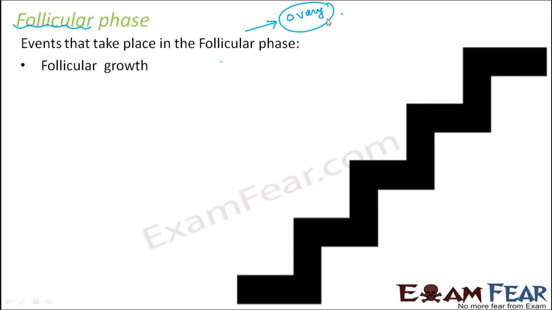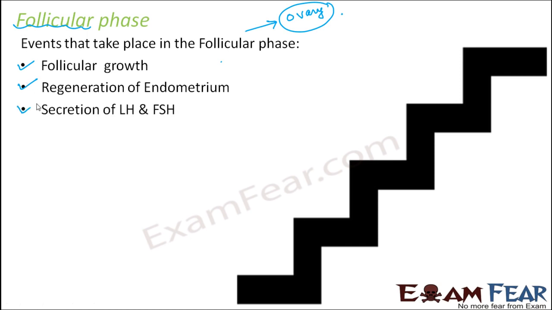So here again, after the process of menstruation, some follicular growth is going to take place. We will see what happens there. Regeneration of endometrium. During menstruation, the endometrium broke down, but now again it has to rebuild itself. That rebuilding of the endometrium is called regeneration of endometrium. So this will also happen as a part of the follicular phase.